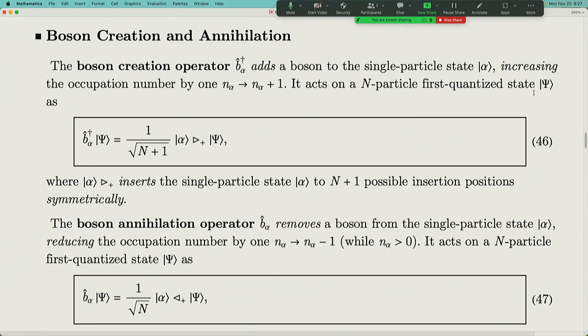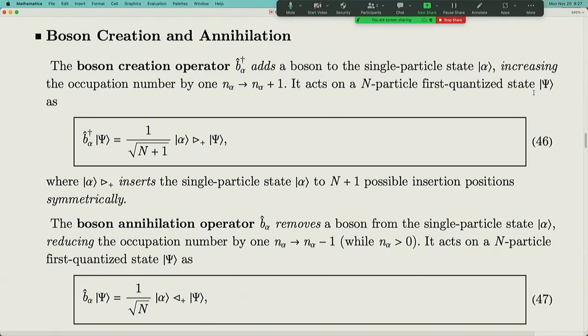The boson creation operator is denoted with B for a boson and a hat for an operator, and we use this alpha to label the fact that it is adding one more boson, in the alpha state, to the system. Another way of saying it: this boson creation operator increases the occupation number of the alpha state by 1.